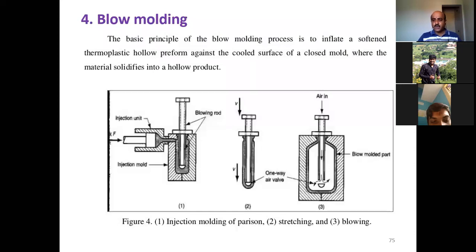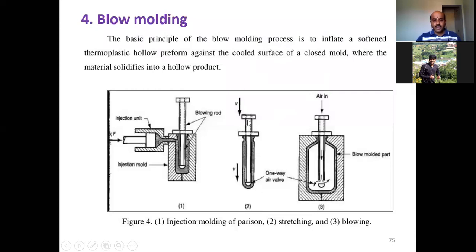Two important things you should understand here: you can increase the length and also the diameter of the product. By just making this piston move, the product is stretched as required, and afterwards air is blown through it.